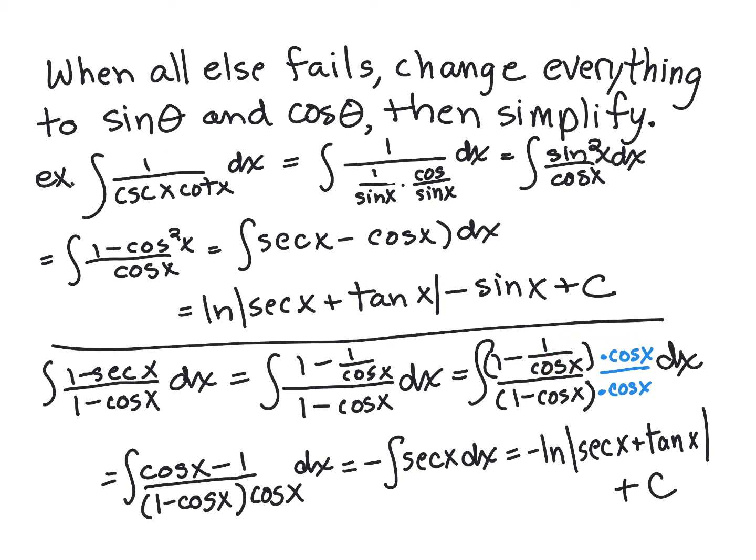When I multiply here, the bottom cancels, which was the main reason I was multiplying by it in the first place. So 1 over cosine times cosine gives me a 1. So now I have cosine minus 1 on the top and 1 minus cosine on the bottom. That's going to cancel out and leave me with a minus 1.